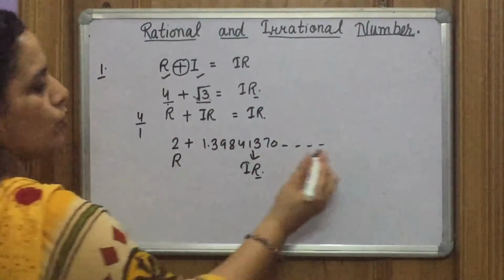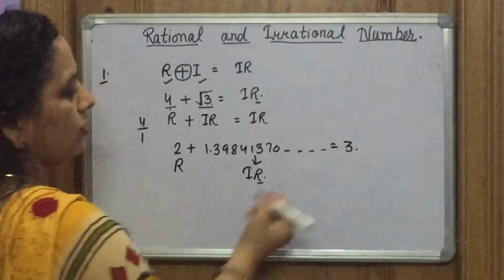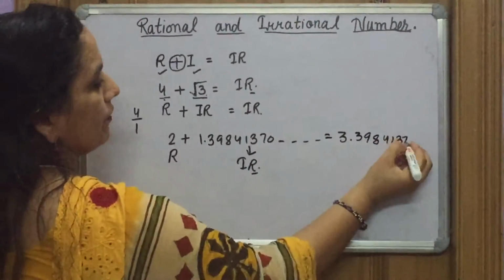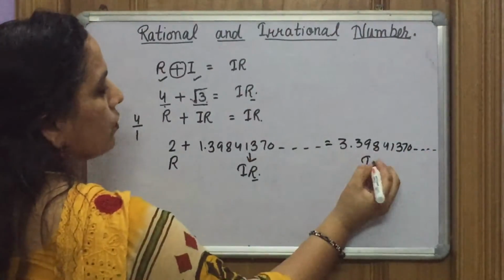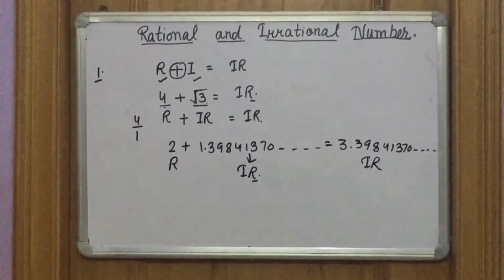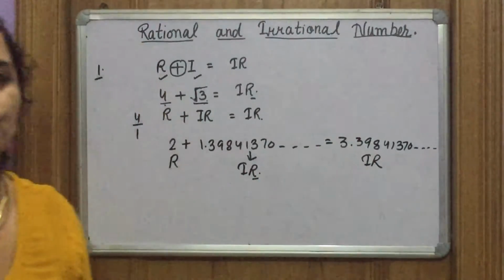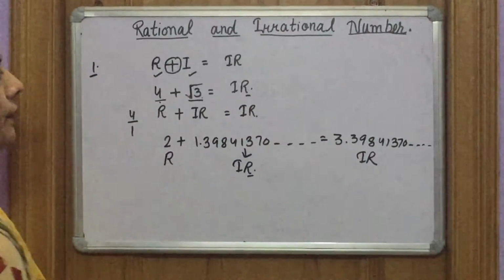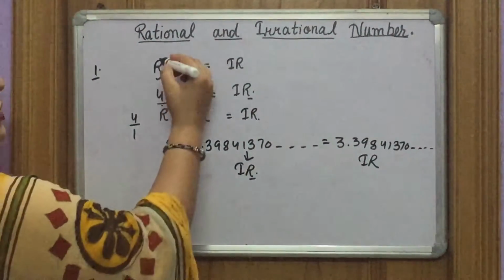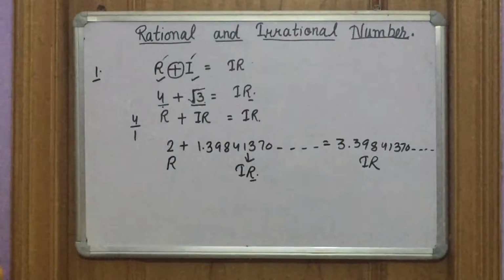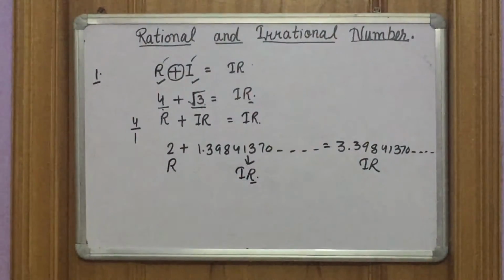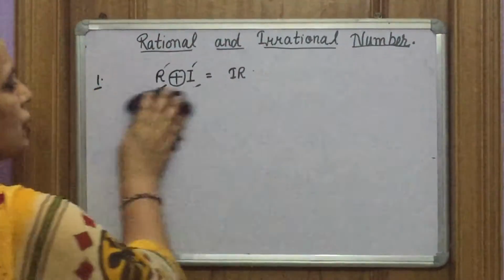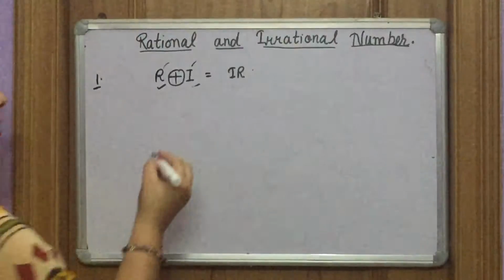If we add these two numbers, then we will get 3.39841370 and so on, which is also irrational because this decimal form is also non-terminating and non-recurring. So we can say that addition of a rational and irrational is always irrational. Similarly, subtraction of a rational and irrational is always irrational.